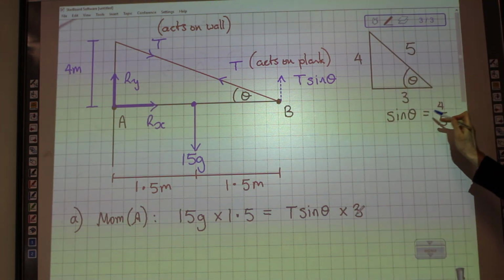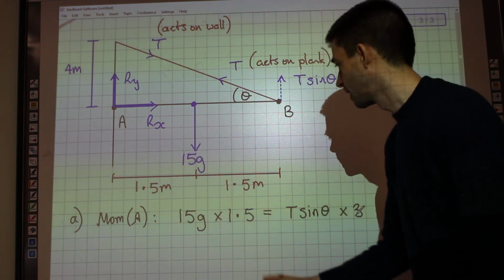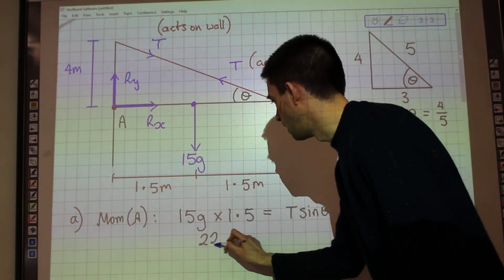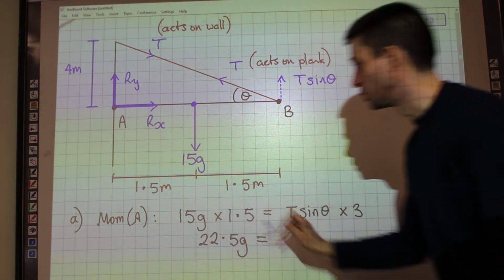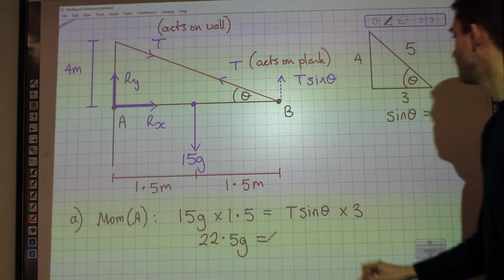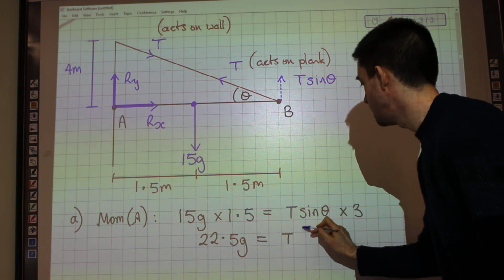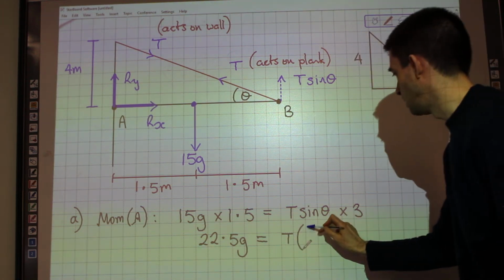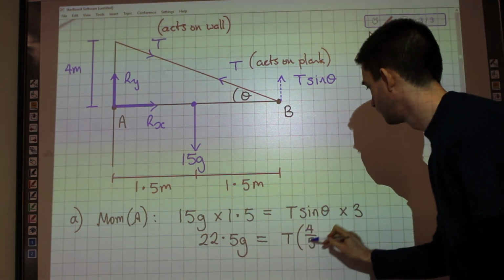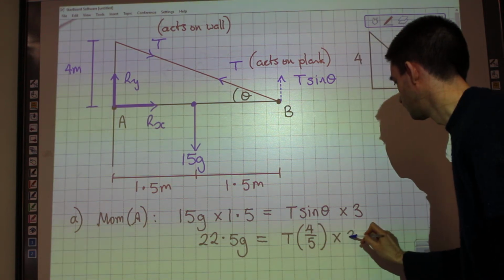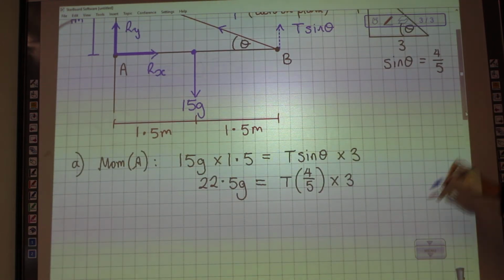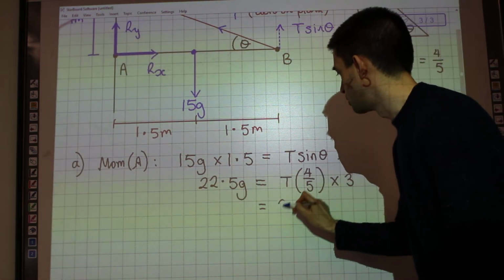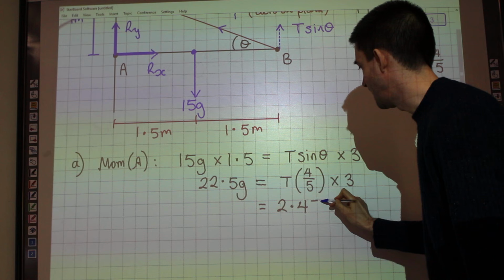I now know that sine theta is 4/5, so I've got 22.5g, that's 15 times 1.5, is equal to T, sine theta is 4/5 times 3, so 4/5 times 3, I've got 2.4T.